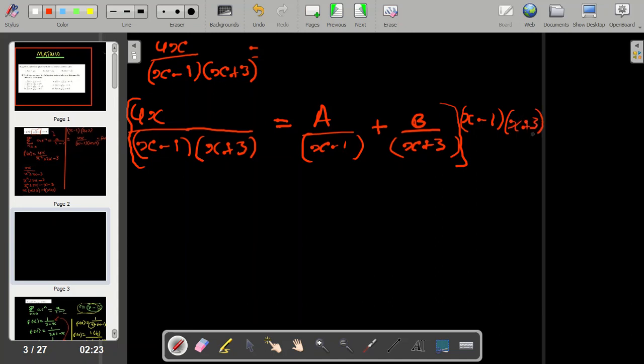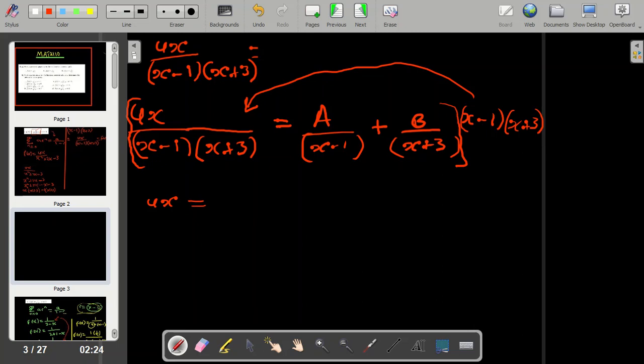When we multiply this whole part here by this side, we are going to have 4x there. The denominator will cancel and we will just remain with 4x this side.